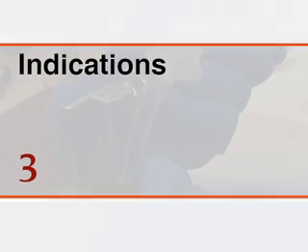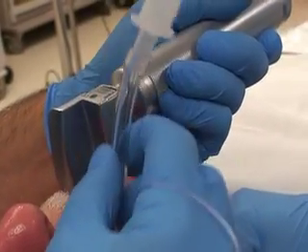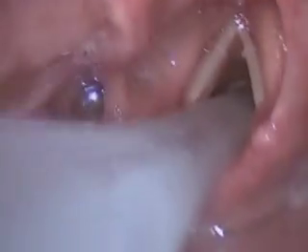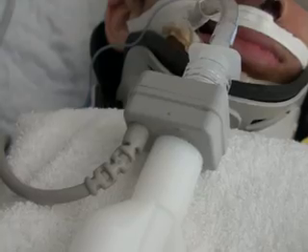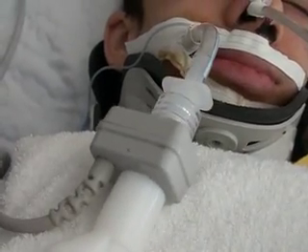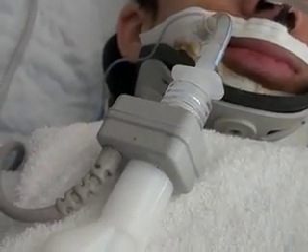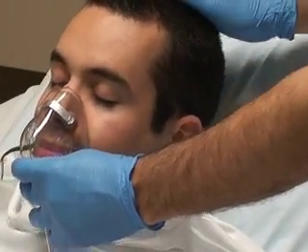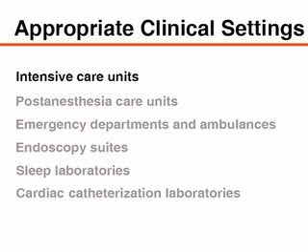Indications. Capnography is used in the operating room to aid in the proper placement of endotracheal tubes and to monitor ventilation. Capnography is increasingly being used to assess the adequacy of ventilation and to monitor for hypercapnia or hypocapnia in treatment areas such as intensive care units, post-anesthesia care units, emergency departments and ambulances, endoscopy suites, sleep laboratories, and cardiac catheterization laboratories.